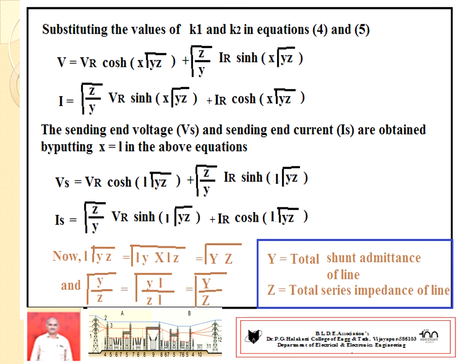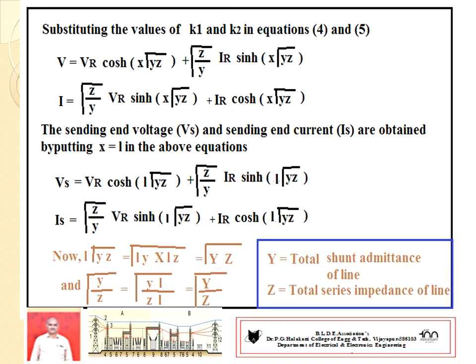The sending end voltage Vs and sending end current Is are obtained by putting x equal to L. In the above expression, x is variable, that is, length is variable. Hence you put x equal to the full length from the receiving end. Hence it becomes the condition of the sending end.